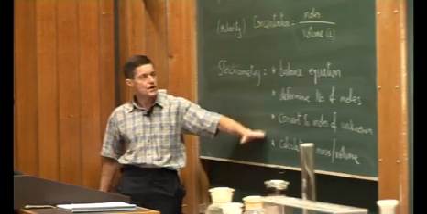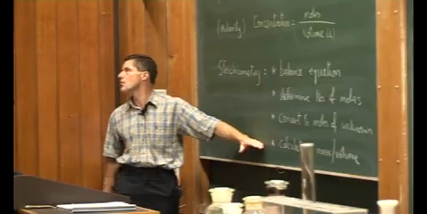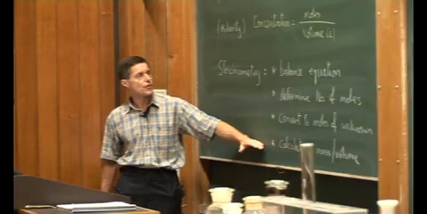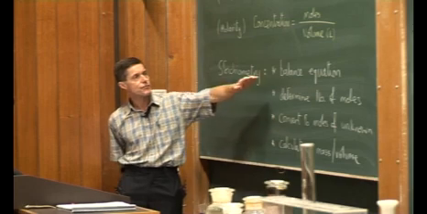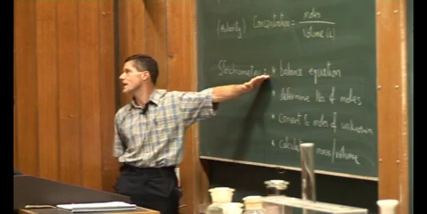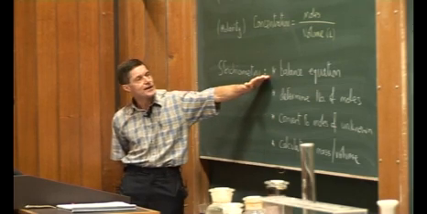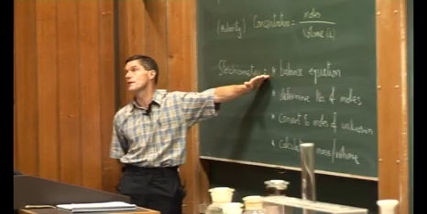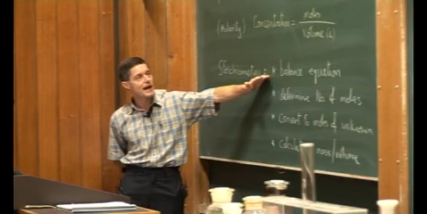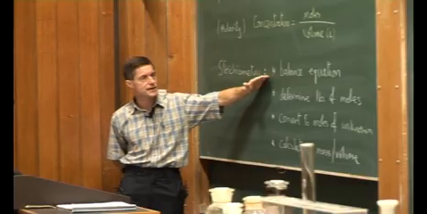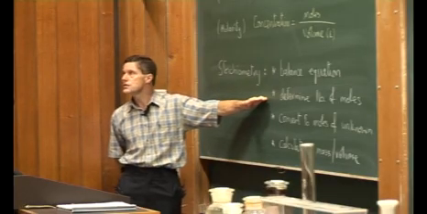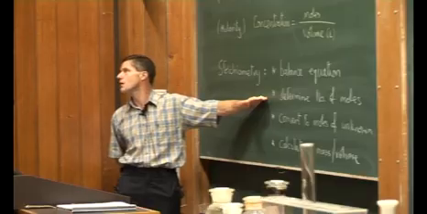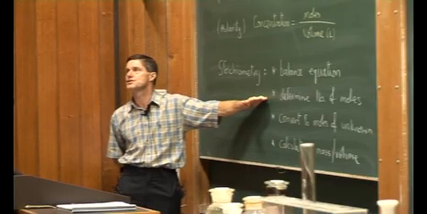In both cases, we use the same broad method for approaching the problem. You start off with a balanced equation. That's essential. You need the correct formulas, and you need to correctly balance the equation for the reaction you're interested in.